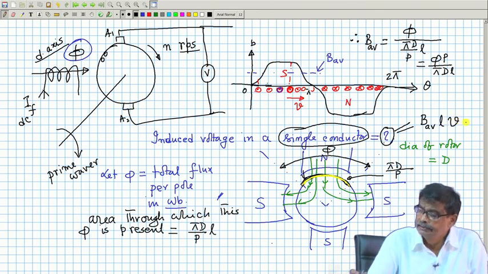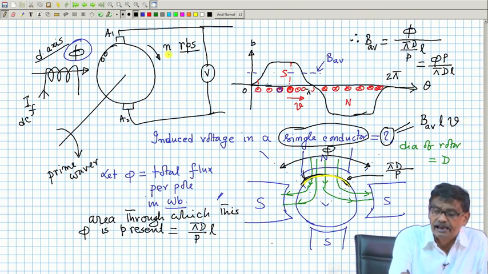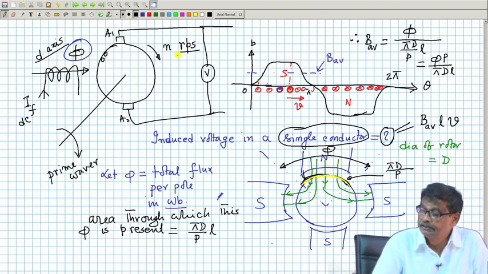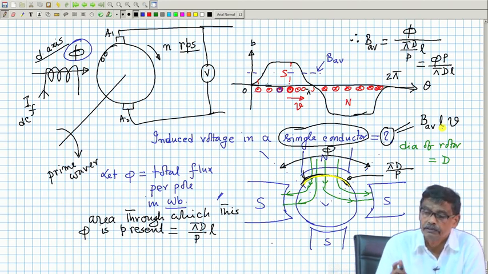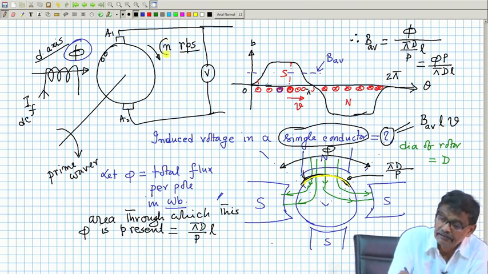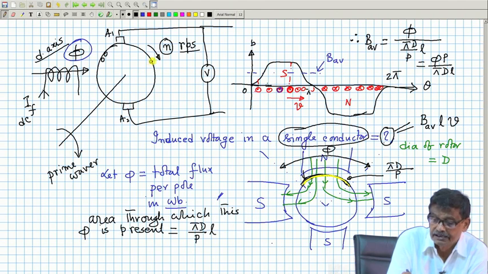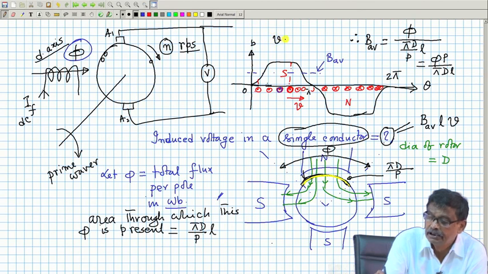And if n is the RPS, this, mind you, is the linear velocity in meter per second. So, if it is n, then conductors residing here and the rotor diameter is d, then velocity in meter per second is nothing but pi d n. In 1 second conductor will travel how much distance?